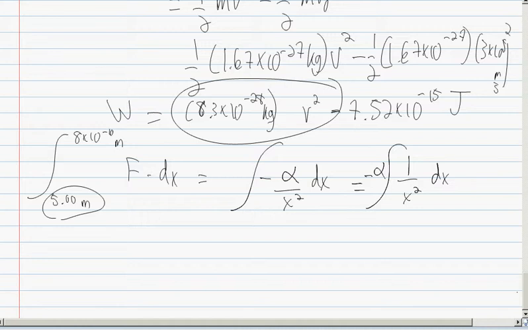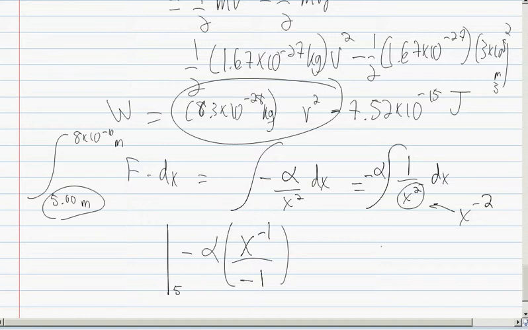And that's going to be, well, again, we're going to move it up 1 power. Because this is x to the minus 2, moving it up 1 power is going to make it x to the minus 1 over minus 1 times negative alpha, evaluated from 5 to 8 times 10 to the negative 10.